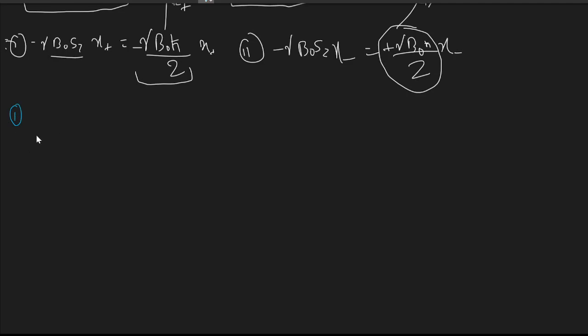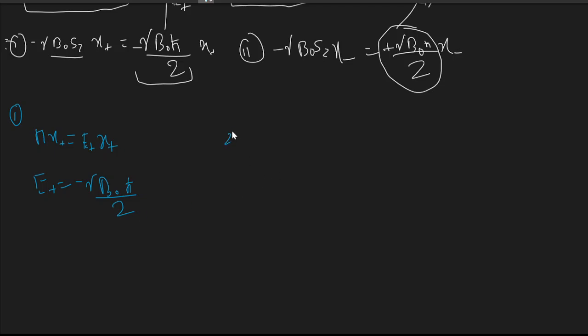First of all, applying this Hamiltonian for the spin up case, you will get the energy for the particle, and this is an eigenvalue equation for sure. E plus is negative gamma B naught h bar by 2. So this is our first case.